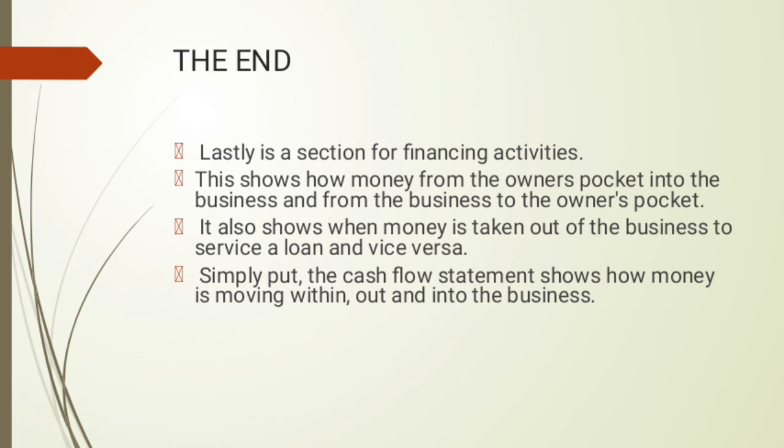If the business procures a loan, it's a section that definitely shows you how the business is getting the money and how it is spending the money. For example, if a business procures a bond to help fund a building, you will see it here. So those are the three sections, and these three sections help you understand how money is flowing in and out of the business.